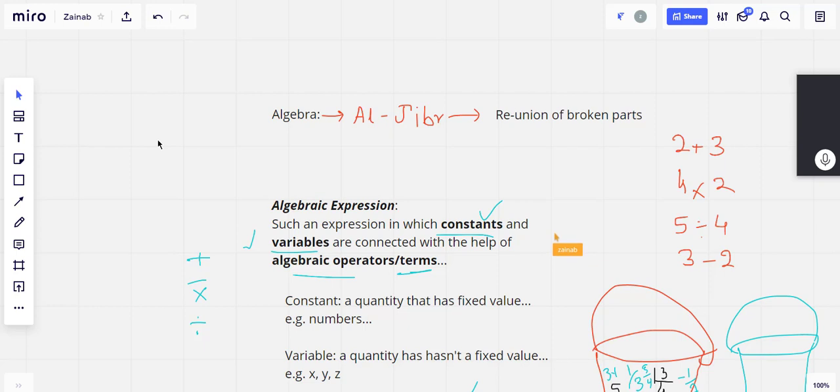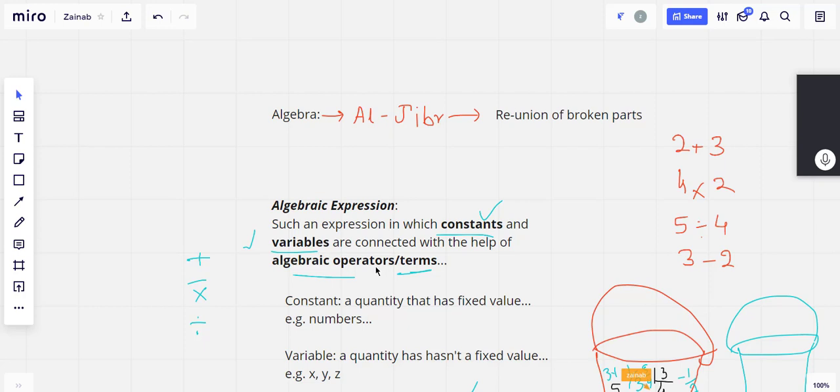A quantity that doesn't have a fixed value. Example, x, y, and z. That's right. Are connected with the help of algebraic operators, or you can say terms. So what are algebraic operators? Is it the same as terms, like the meaning of terms?